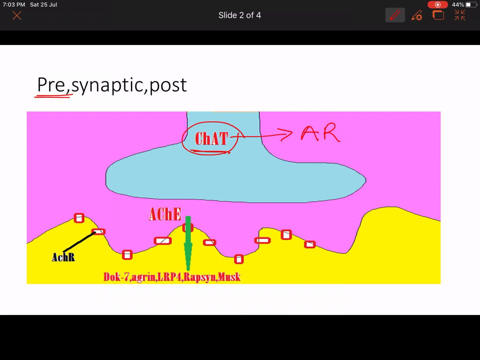The characteristic feature in these patients is that it's usually very severe, and they usually present with respiratory failure at birth. Even though they are very severe at birth, as the age increases, there is improvement, right? So there is an improvement with age in patients with presynaptic disorders affecting the choline acetyl transferase enzyme.